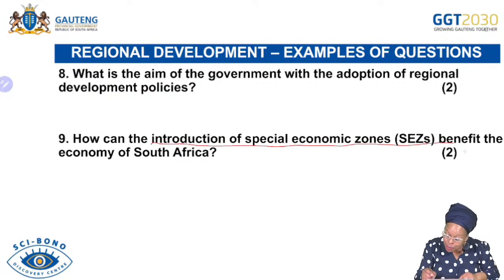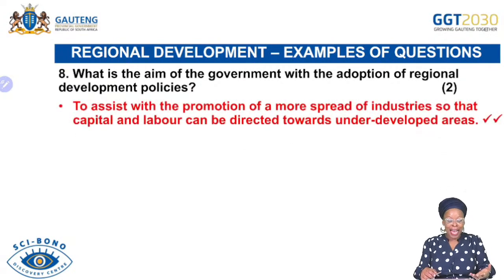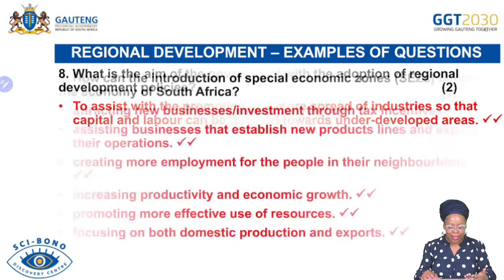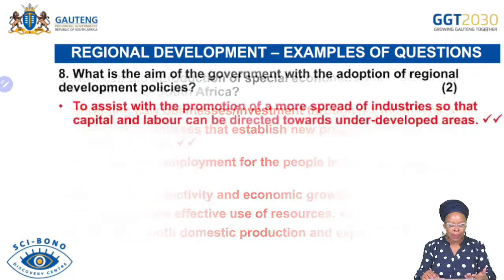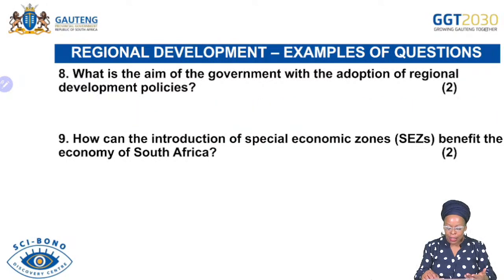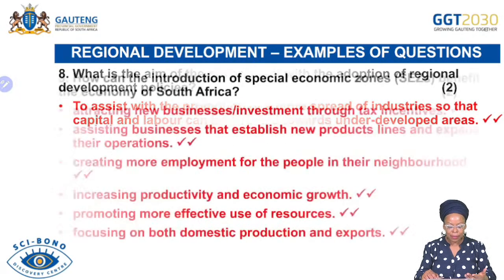This question is a 2-mark question, but it can also be an 8-mark question. As a 2-mark question, obviously, you will tell us... Let's go back. I want to guide you on how to answer this particular question.